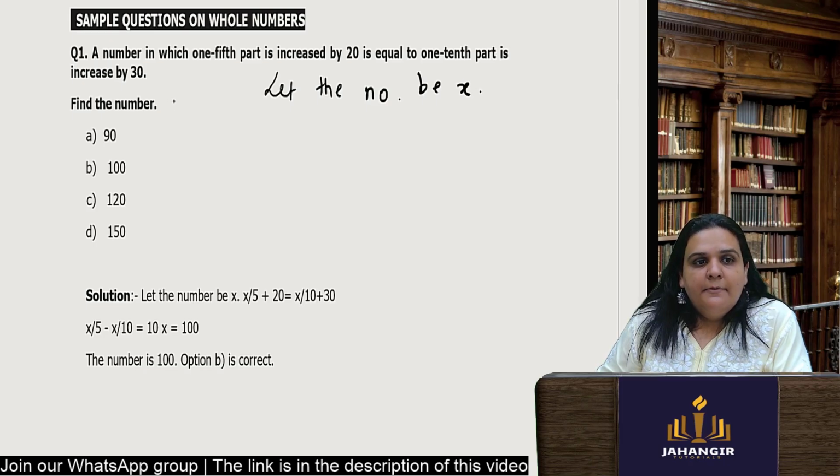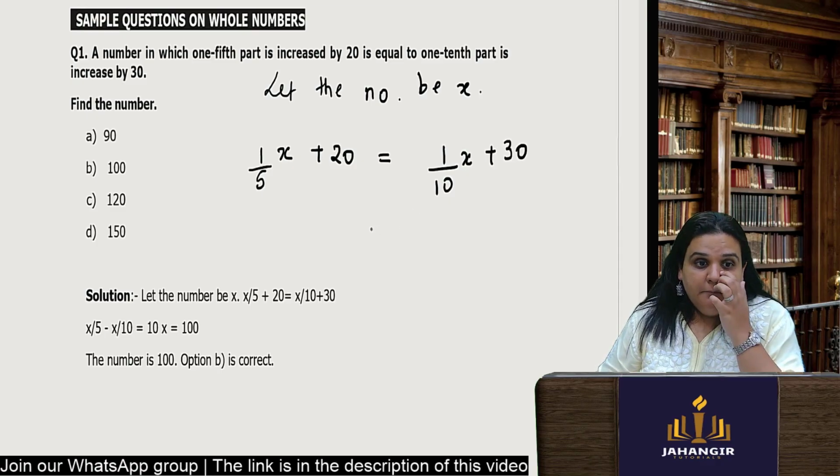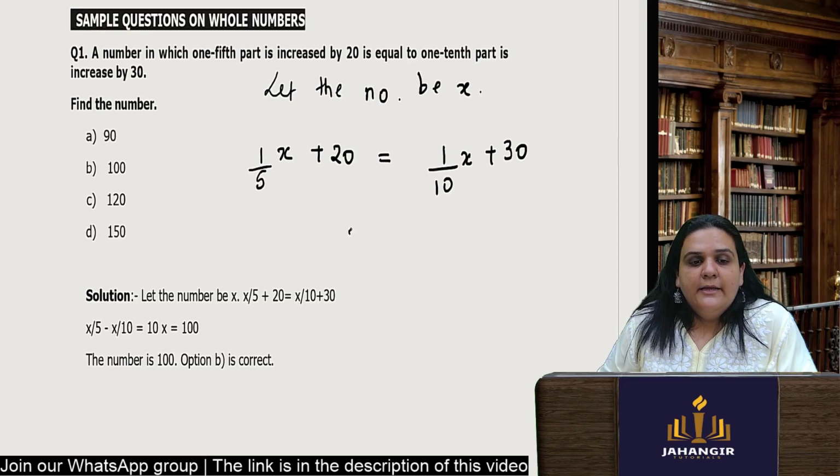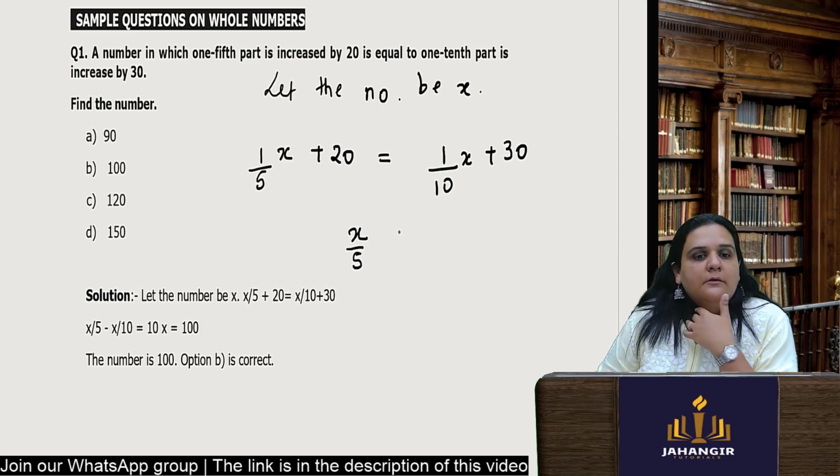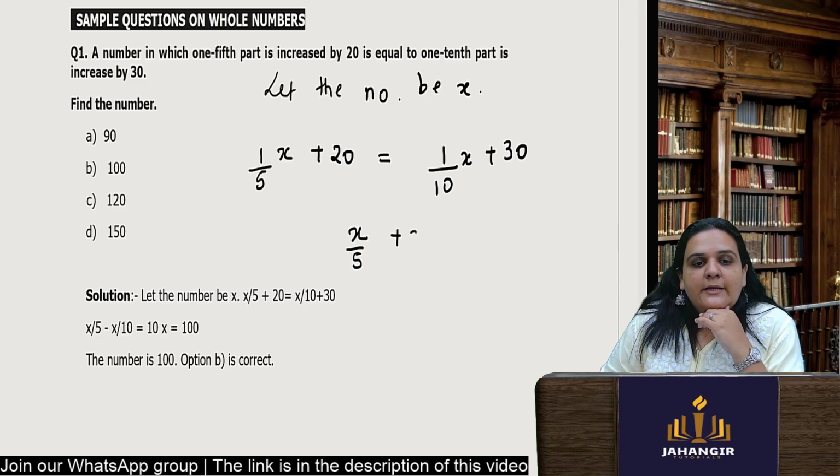They are saying 1/5 part of the number increased by 20 is equal to 1/10 part of that number increased by 30. So this is the equation: x upon 5 plus 20 will be equal to x upon 10 plus 30.